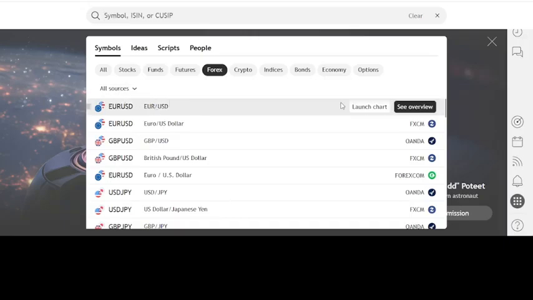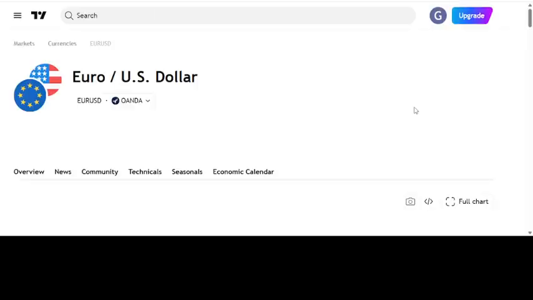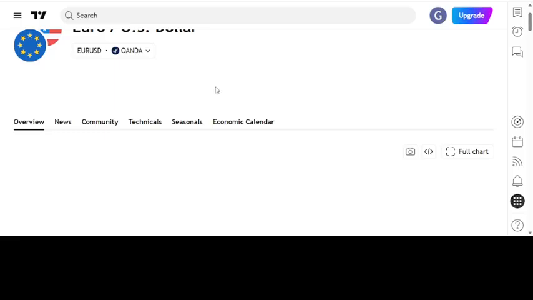So what we're going to do is go to see overview. So we're going to click on see overview of the Euro US dollar currency pair here, right? So that pops up. And then we're going to click on technicals here.